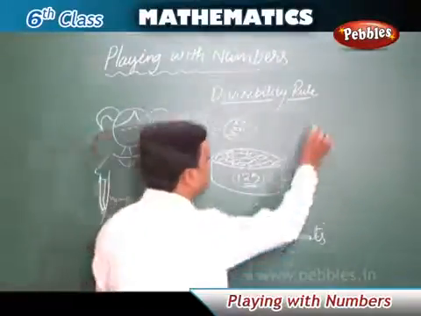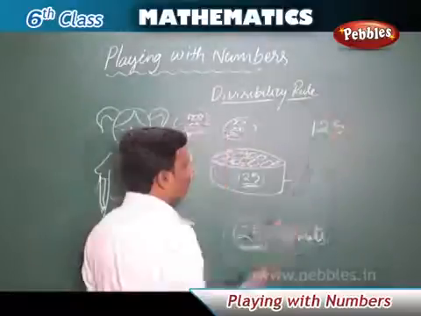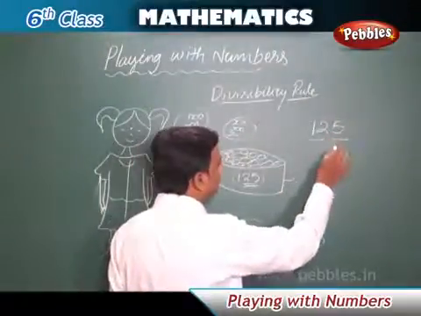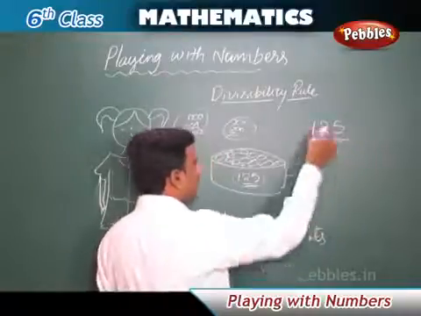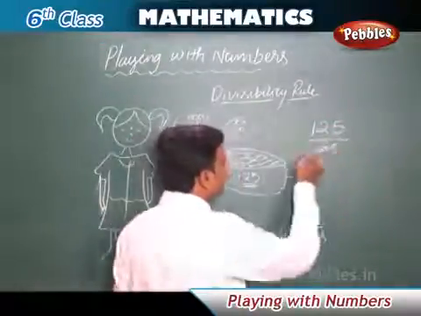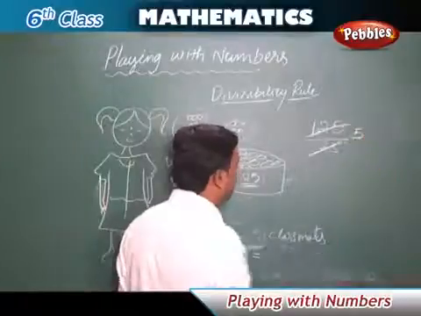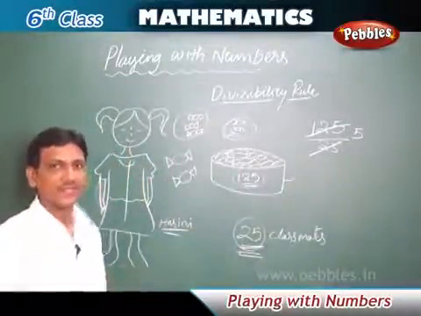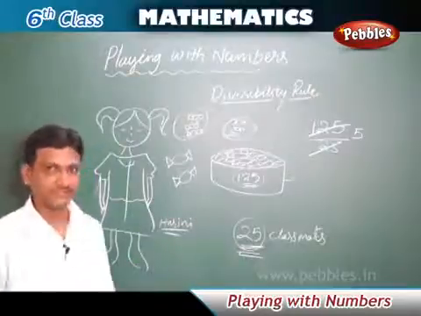Here in this case, the total number is 125 and the number of classmates is 25. Simply if we carry out division, we will come to know how many chocolates can be distributed to each of the classmates, so that it is balanced.